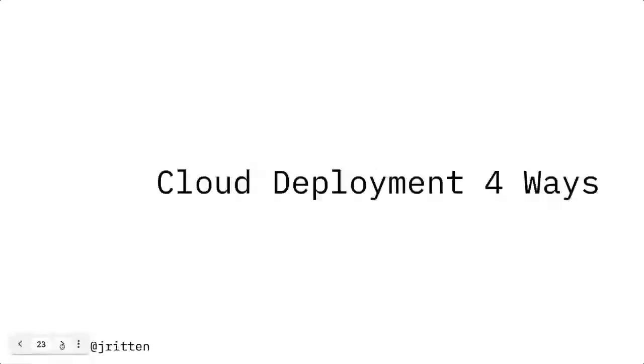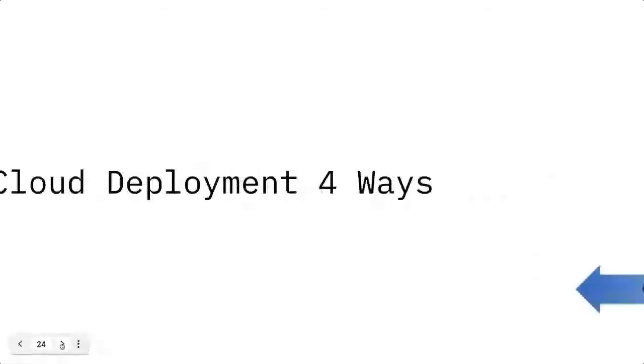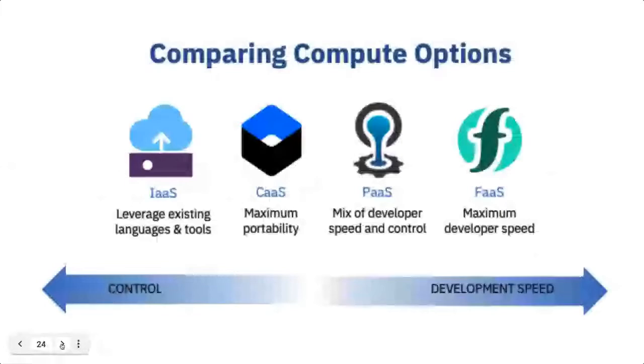So what we're going to start with is cloud deployment four ways, right? There are four main cloud deployment models, four main computing options, that we're going to focus on today. First we have IaaS, short for infrastructure as a service.